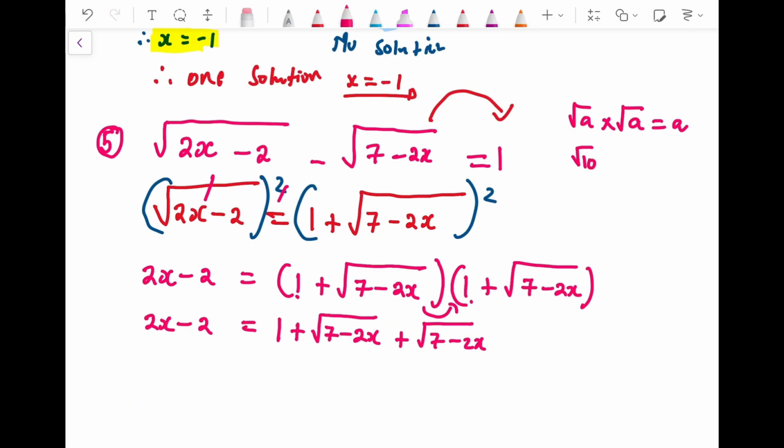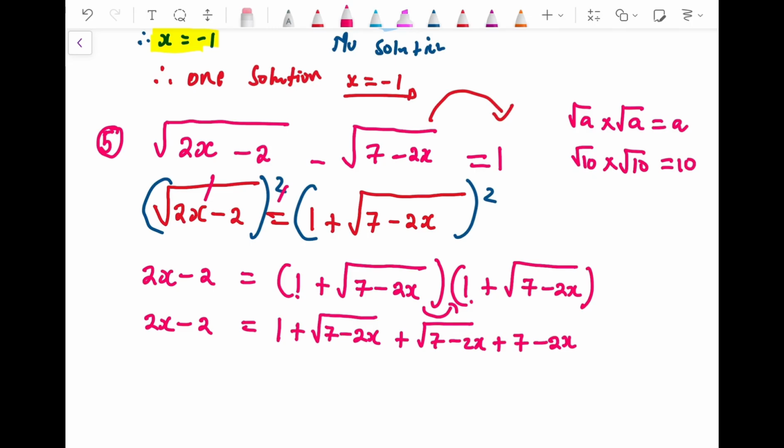The square root of 10 times the square root of 10, the answer is always 10. So even the square root of 7 minus 2x times the square root of 7 minus 2x, the answer is 7 minus 2x.